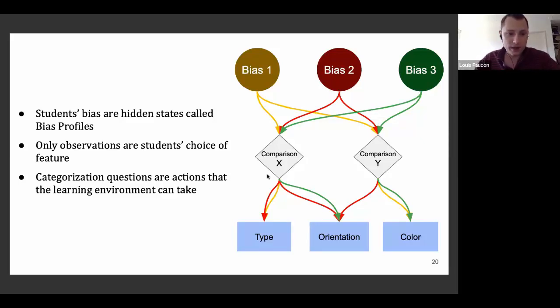The bias profiles explain how the students answer questions, and one student will be assigned to one of the several bias profiles. The questions are selected by the learning environment, and the only observation that the learning environment makes is, based on the question that was given, did the student select the type, orientation, or color feature to answer the question?